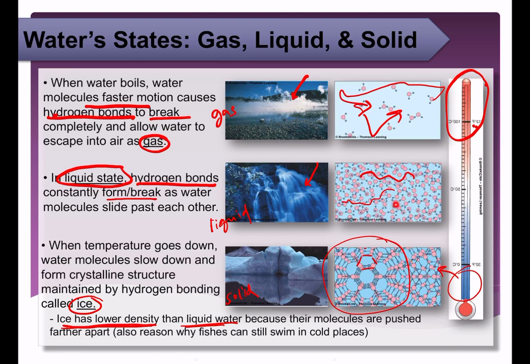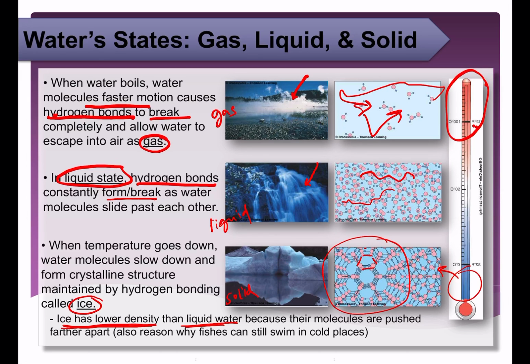and hence ice is less dense than water at liquid state, which allows ice to float on water just like this. That's why huge icebergs and glaciers can float on top of water, because they are less dense than water.